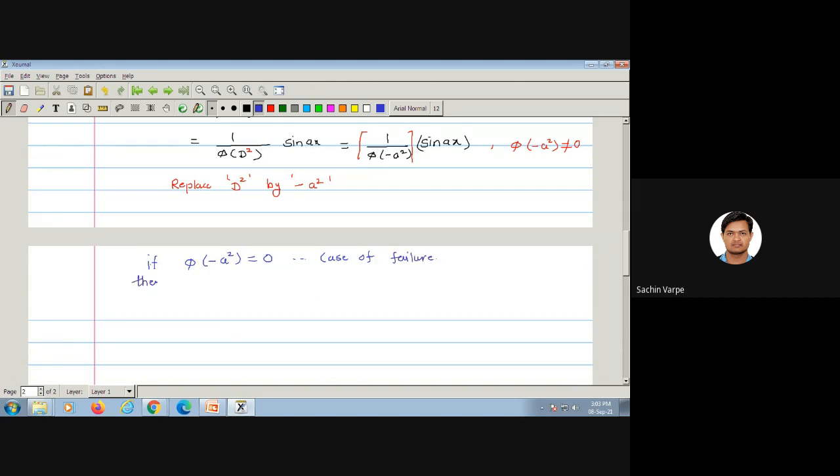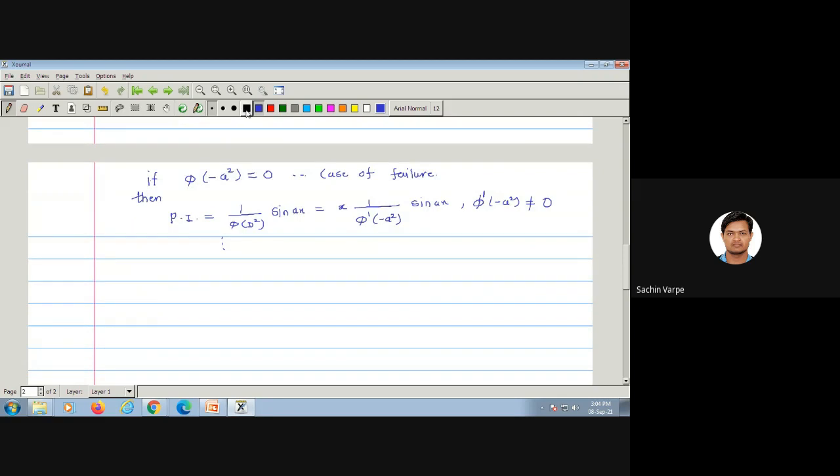Then 1 upon phi of d square, sine of ax, can be written as x into 1 upon phi dash at minus a square, sine of ax, provided that phi dash at minus a square must be non-zero. And so on.